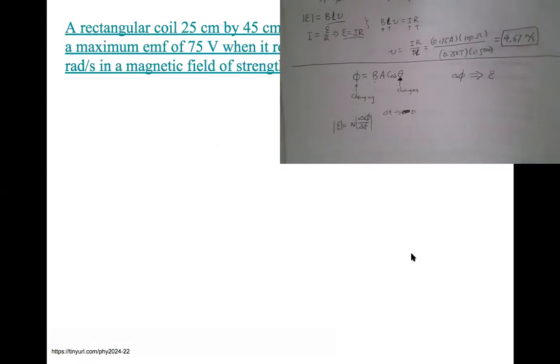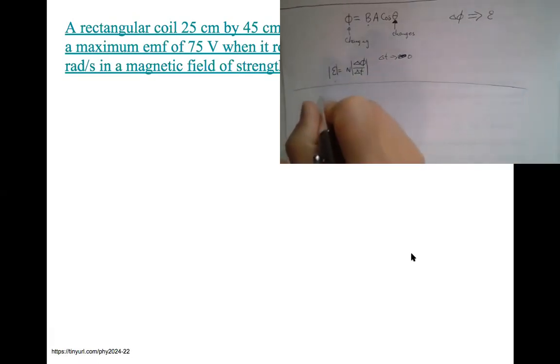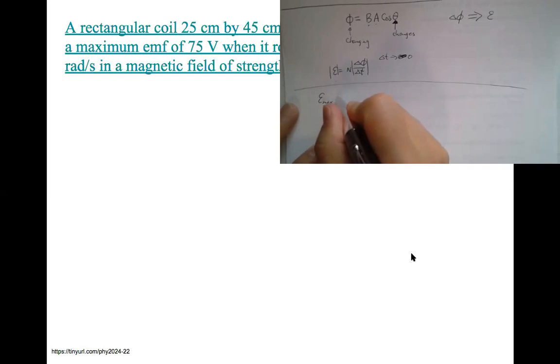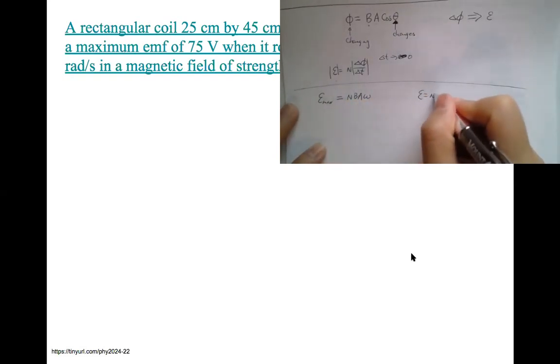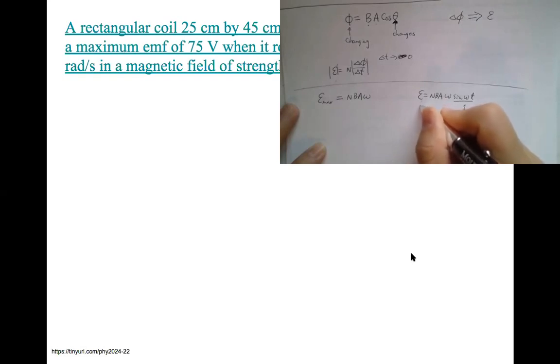We are given epsilon maximum, the peak EMF, which is 75, but it can be expressed as NBA omega, because epsilon is equal to NBA omega sine of omega t. When sine has its maximum of 1, this expression has its maximum value. So this is what it has.